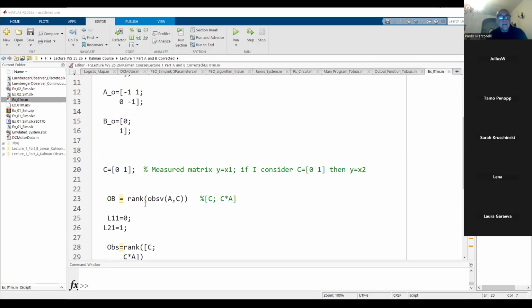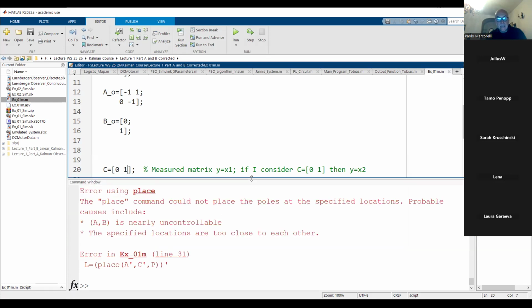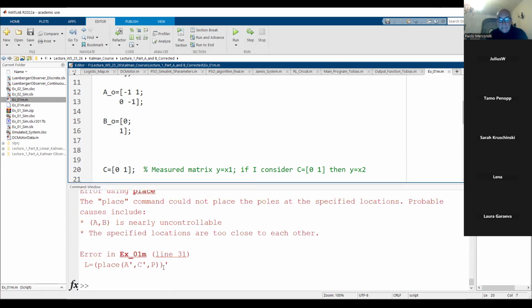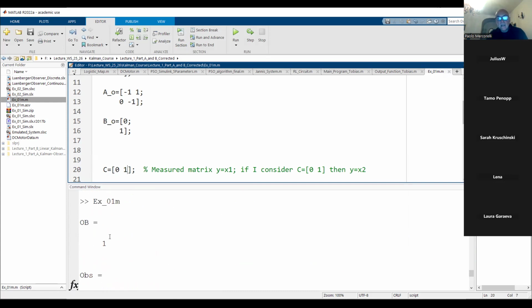It could be that I will have some error, I don't know, but let me check until here, as before. Let me see what I have. No problem here, because of course I changed something. But look, now we can see that the rank is 1.